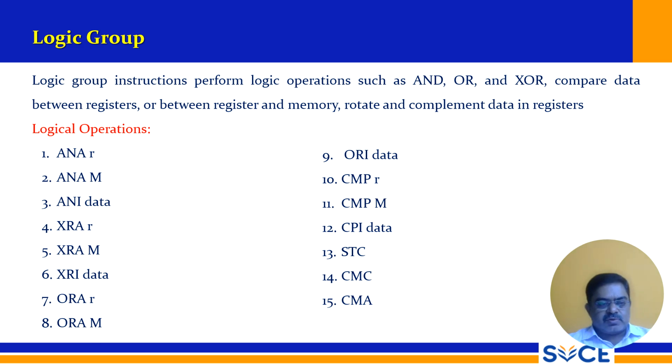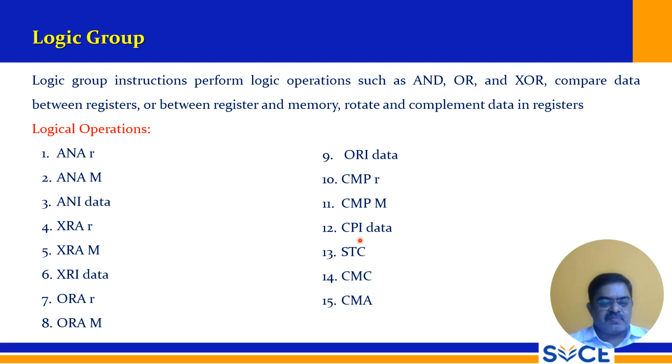Next one is the logic group. There are actually 15 instructions. Logic group instructions perform logic operations such as AND, OR, XOR, compare data between registers, or between register and memory, and rotate and complement data in registers.